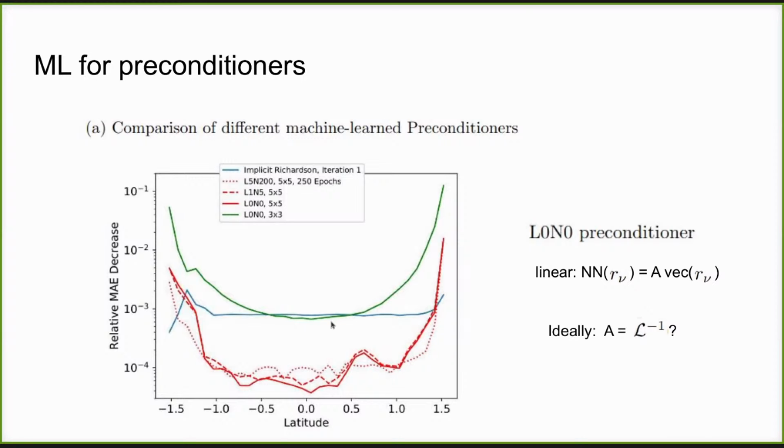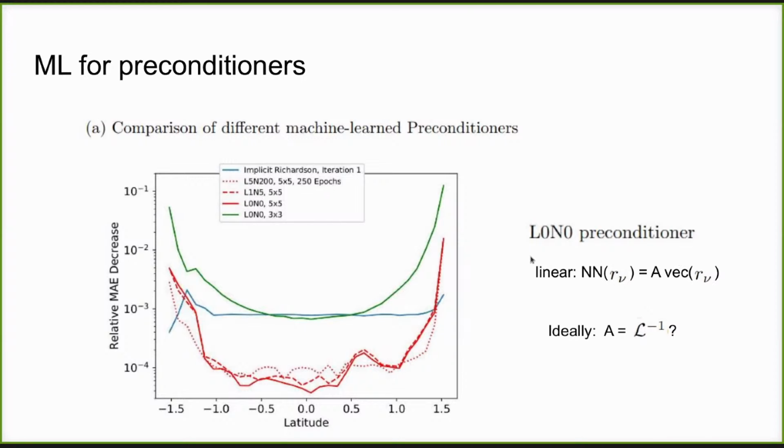And so this is the part in the manuscript that I didn't fully understand, to be honest. The authors seem really positively surprised that the linear 5 by 5 model, so this red line, performs really well. If you think of what it's supposed to do, well, a linear model can be written in this form, where you have some matrix A, whose rows are given by the output of the neural network.